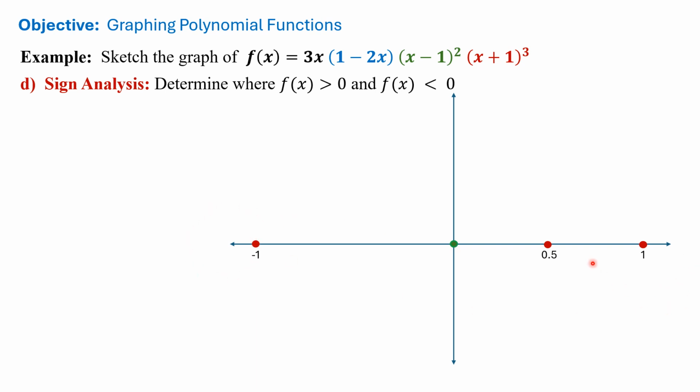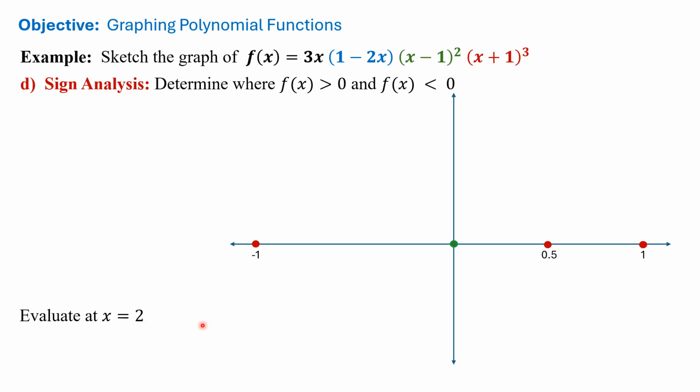And in each interval, we need to identify if the function is positive or negative, or if the graph of the function is above the x-axis or below the x-axis. So let us start selecting in this interval. From 1 to infinity, we can select any number, which is 2. Then we will evaluate this function when x is equal to 2.